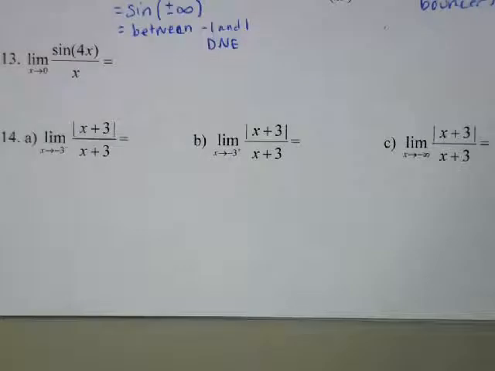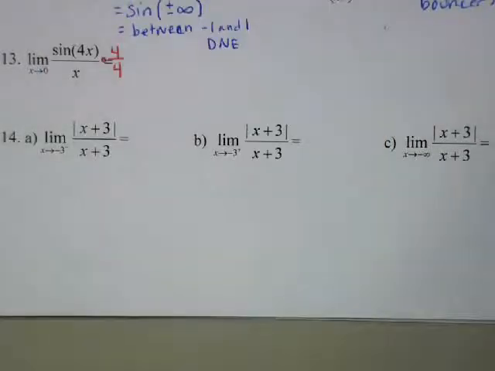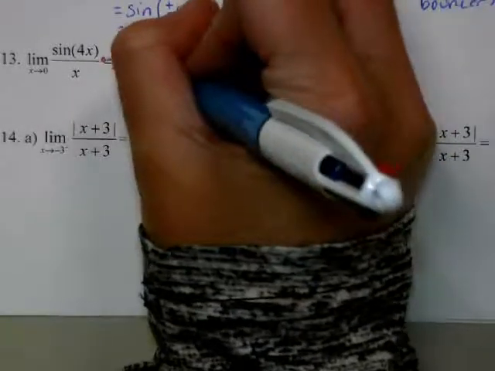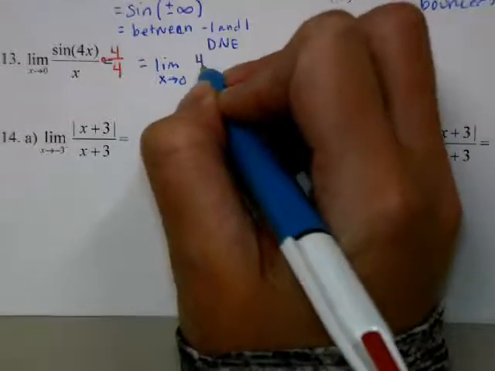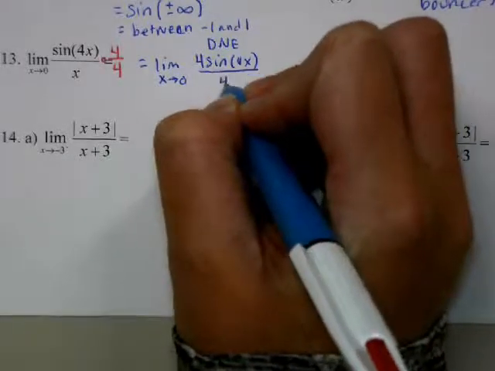All right, so we know that the limit as x goes to 0 of sine x over x is 1. So what we want to do here is change this problem so that it looks like that. So I'm going to multiply by 4 over 4. So that gets me the limit as x goes to 0 of 4 sine 4x over 4x.